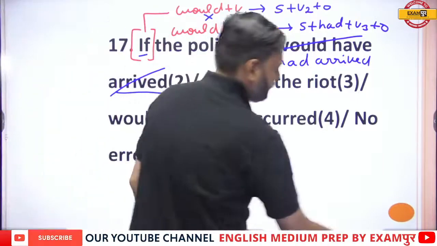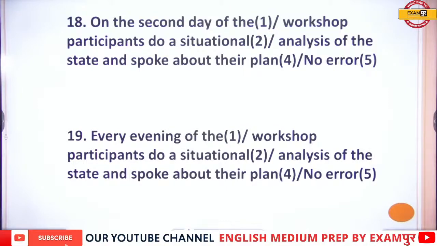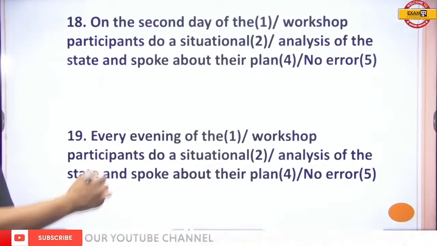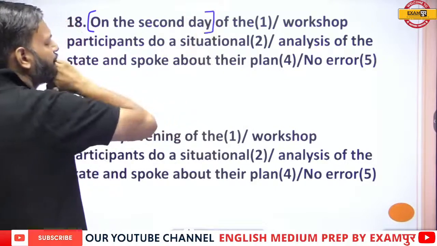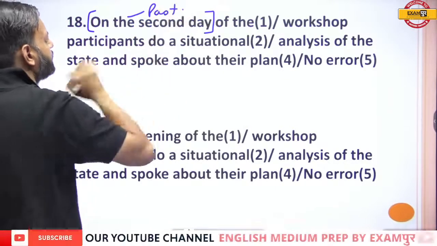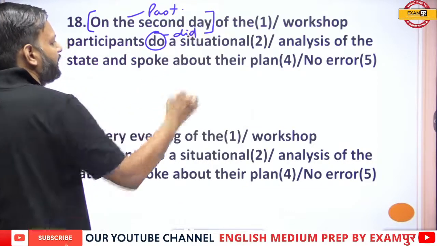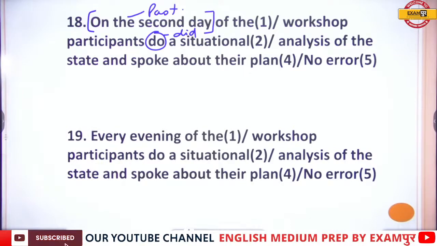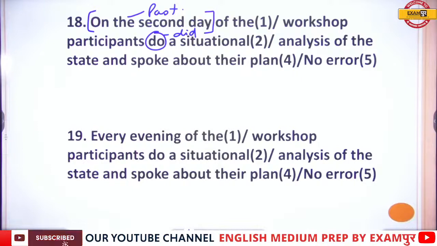Next sentence. On the second day of the workshop, participants, okay, so here we have on the second day of the workshop. So this means we are talking about past, and if we are talking about past, in place of do, we have to write did. And every evening of the workshop, participants do a situational analysis of state and spoke about their plan.